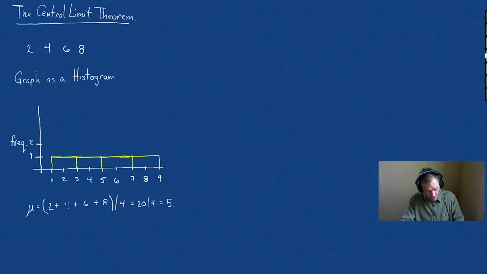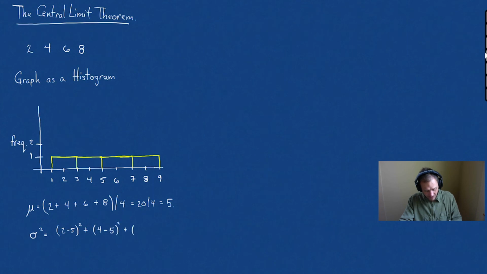Now, the variance. Remember we take our data. Our first data value was a 2, and then we subtract the mean of 5. We square it. Plus our next one, 4 minus 5, the mean, squared.